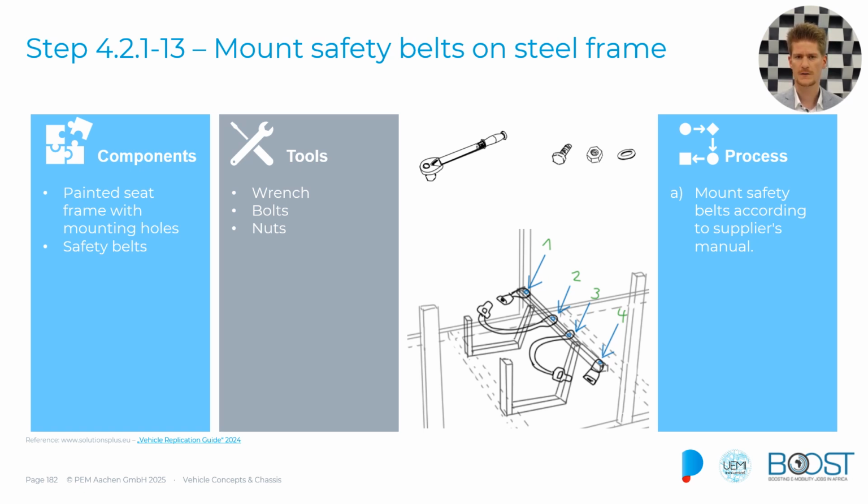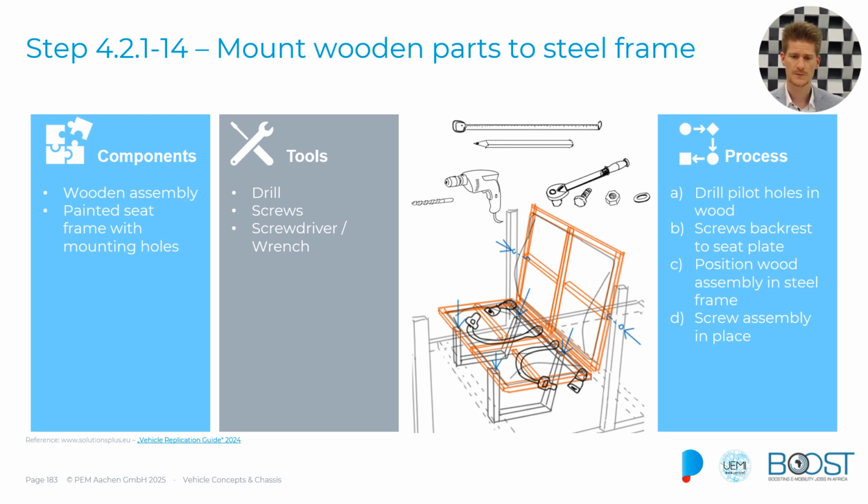Once you have done that, everything should be ready, so we can mount the wooden parts onto the steel frame. So we have all our wooden assembly parts, so basically the backrest and the seating pan, this being the backrest, this being the seating pan. And what we need again is a drill, some screws and a screwdriver.